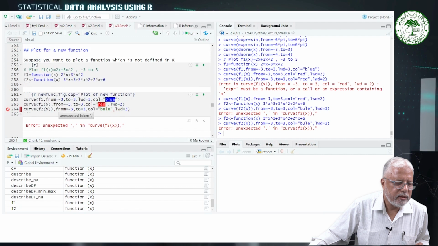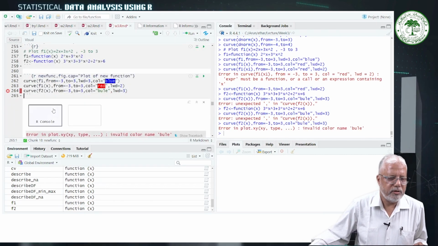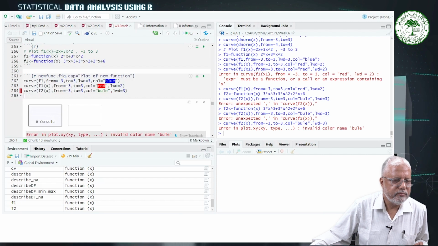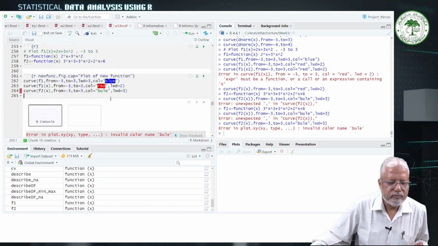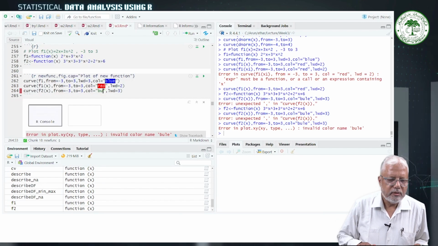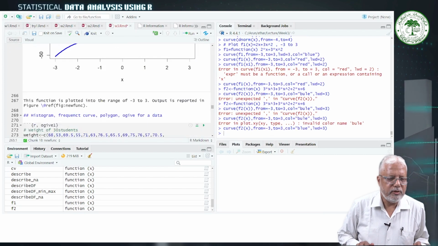Here an extra bracket is raising the problem. Now it will plot. The spelling of blue is wrong. B-L-U-E, blue. Now it will run.